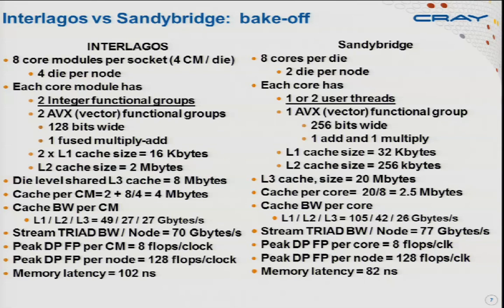Perhaps the biggest difference is going to be in the cache structures and the speed of those cache structures between the two processors, between the two cores. On the left-hand side, we had 2x L1 cache.